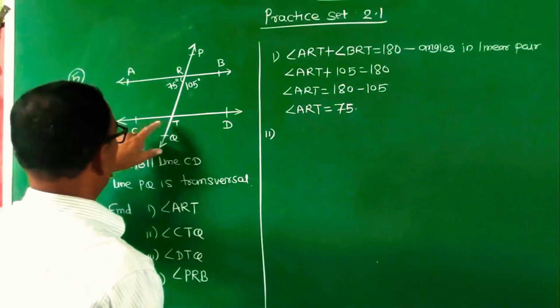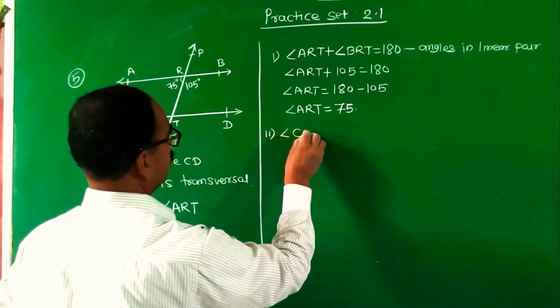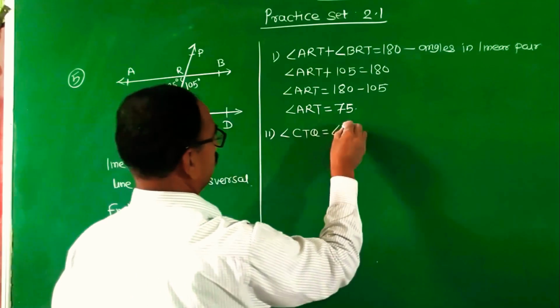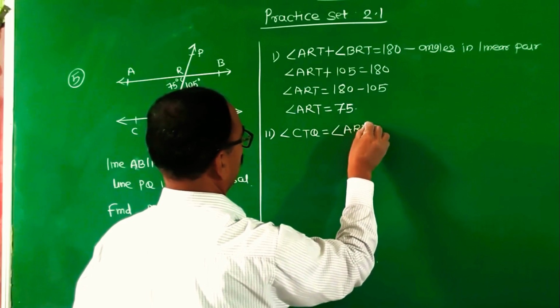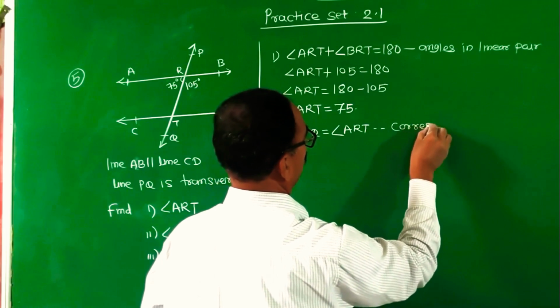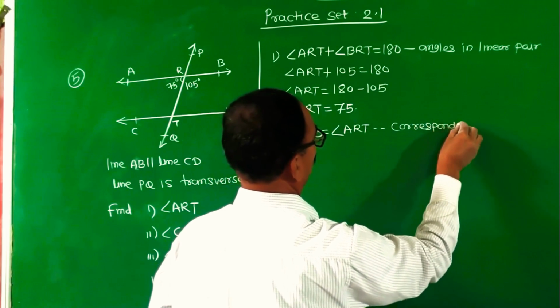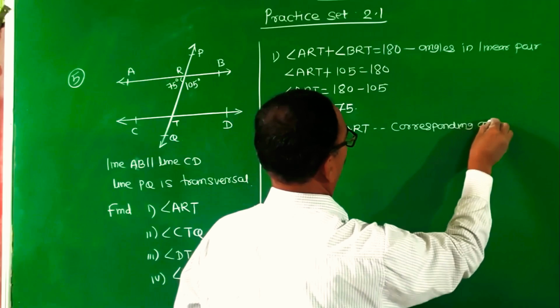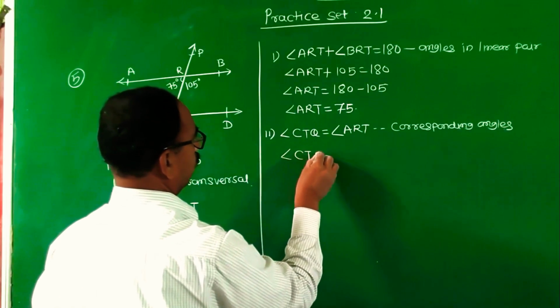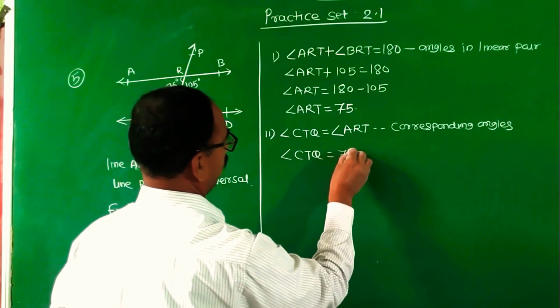So angle CTQ is equal to angle ART because these are corresponding angles, and so angle CTQ is also equal to 75 degrees.